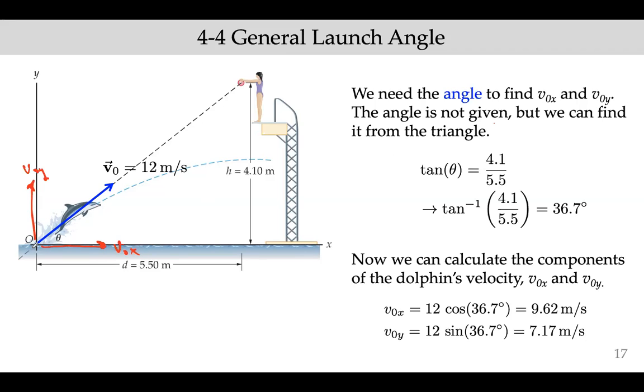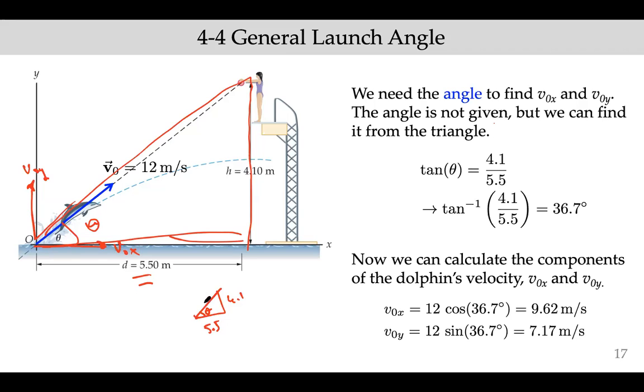Now look at the problem. We have a triangle here, which actually helps us to find the angle here. That's theta. So the triangle is like this. This is theta. This is 4.1, and this distance is 5.5. You can see it from here.